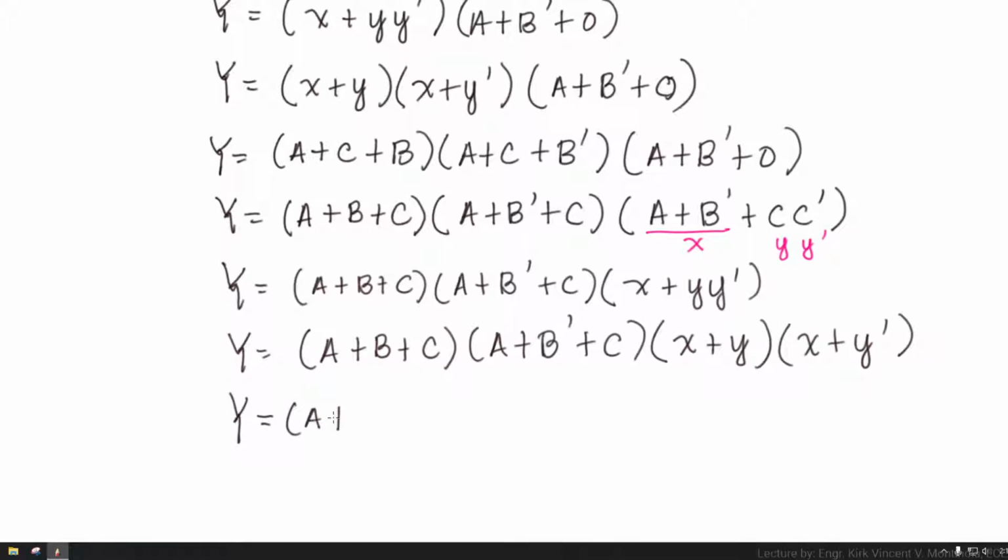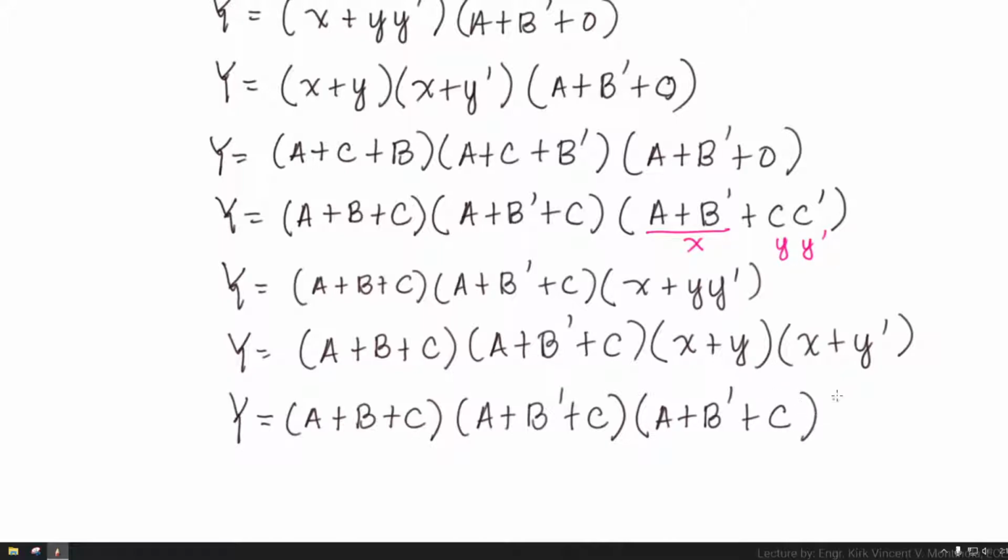So that is a plus b plus c, and then a plus not b plus c, and then you have, ano bang x natin? That is a plus not b. So a plus not b, then sino si y? That is your c, and then sino yung isa? That is not x, kundi rather a plus b not, then plus c not. Okay.